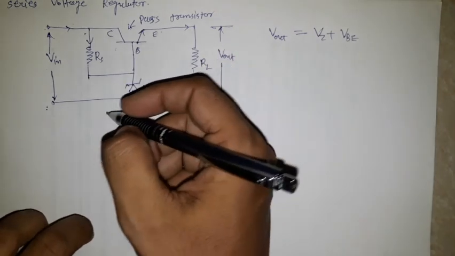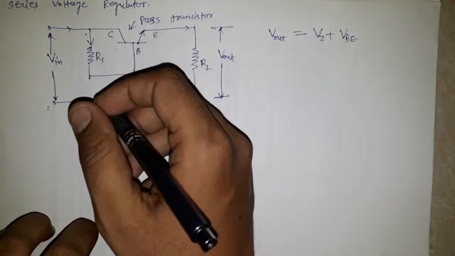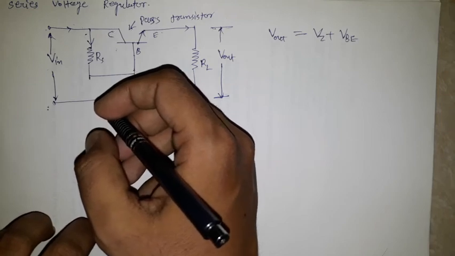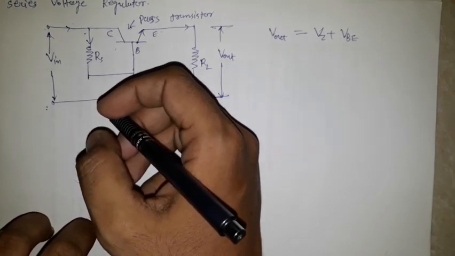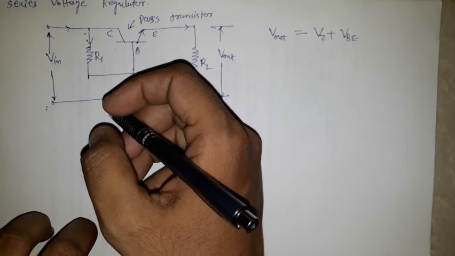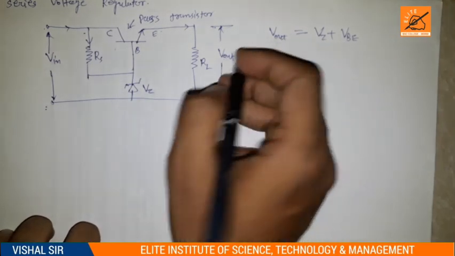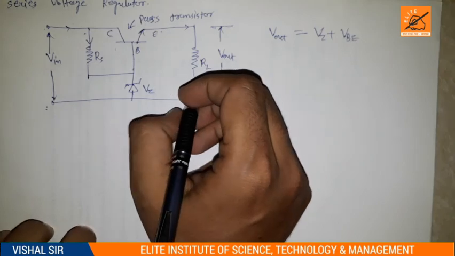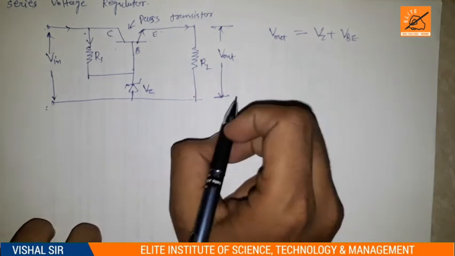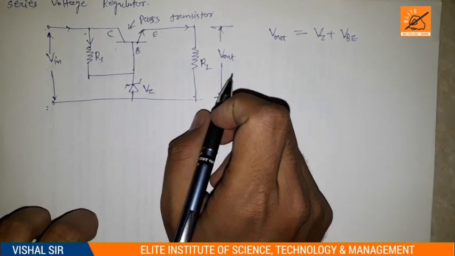Higher efficiency is one of the main reasons the series regulator is preferred to the shunt regulator when larger load currents are needed. It means if our need is larger load current, then at that time we have to use a series voltage regulator or series regulator.